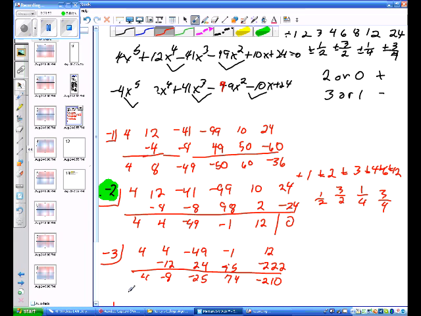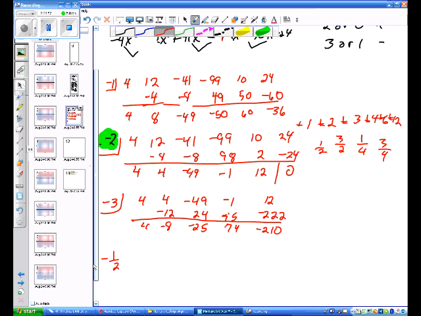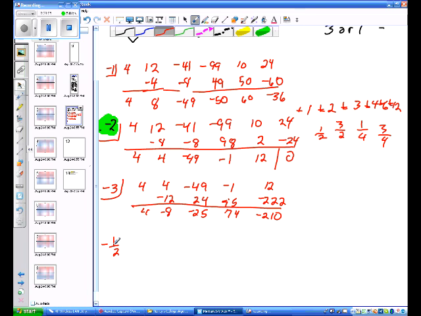We didn't try negative 1 again, did we? We know that negative 1 didn't work. That's why we didn't try it. So, I don't know. Let's just try negative 1/2.